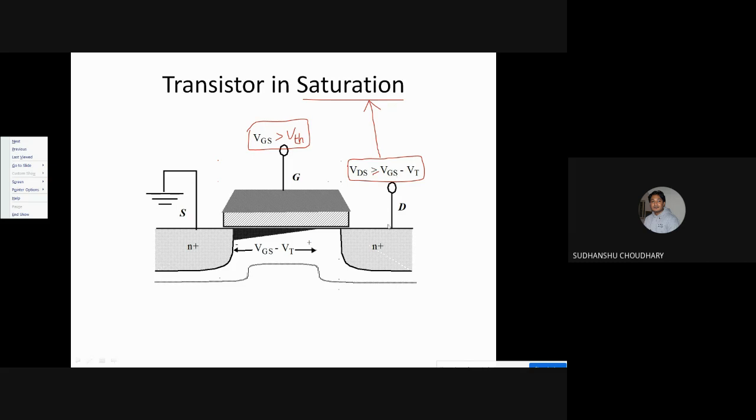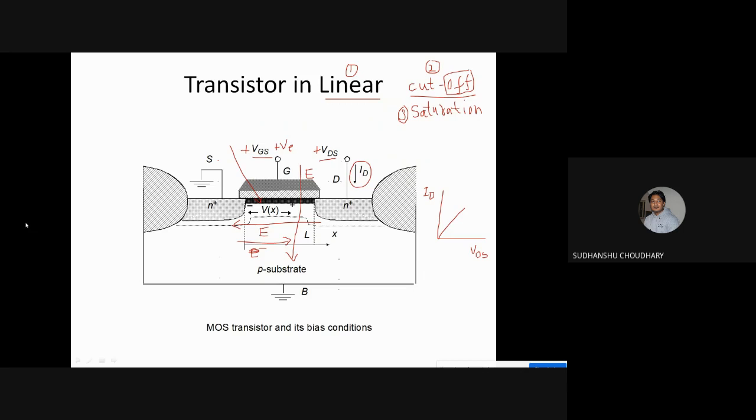When you increase this drain to source voltage beyond VGS minus VT, the channel is pinched off. That is, you don't have a channel in this region. The current which was increasing linearly saturates, or becomes almost constant, on increasing VDS.